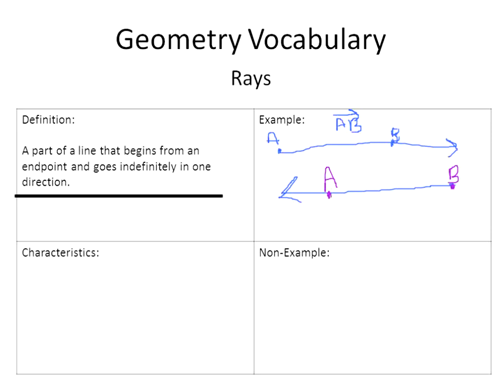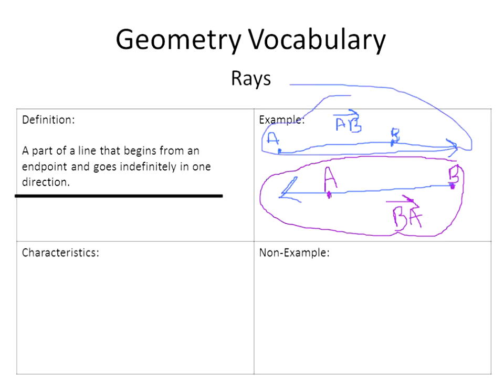The one below it has to be BA, because B is my starting point. And this one goes with this. I'm going to circle them so you know that. This one goes with that one, okay? So for a ray, the starting point matters when you name it.